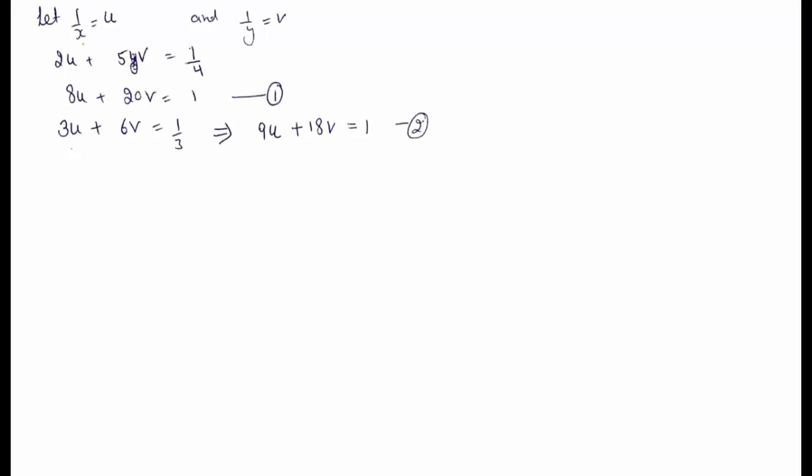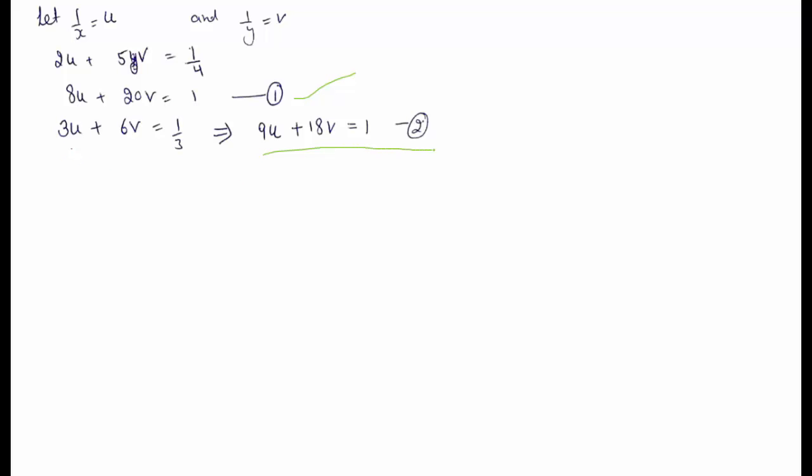Replacing, we will get 2u plus 5v equals 1 by 4, and multiplying both sides by 4, we will get 8u plus 20v equals 1. This is our first equation, and similarly this will be the second equation.